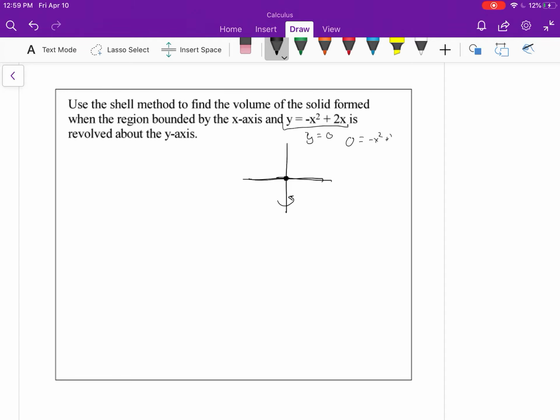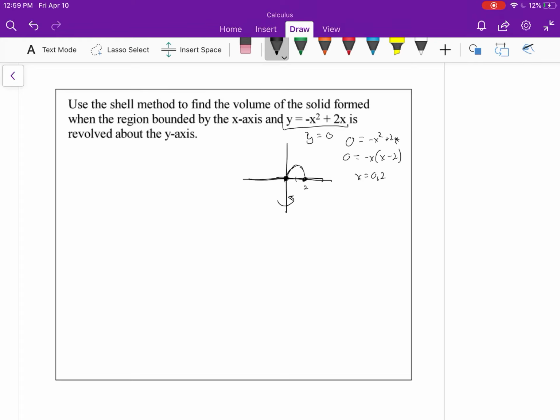So we have 0 equals negative x squared plus 2x. We actually already know it goes through 0, 0. So we could factor out a negative x, which gives us x minus 2. And so the x-intercepts are at 0 and 2. So here's 2. And so this graph is going to look something like this.